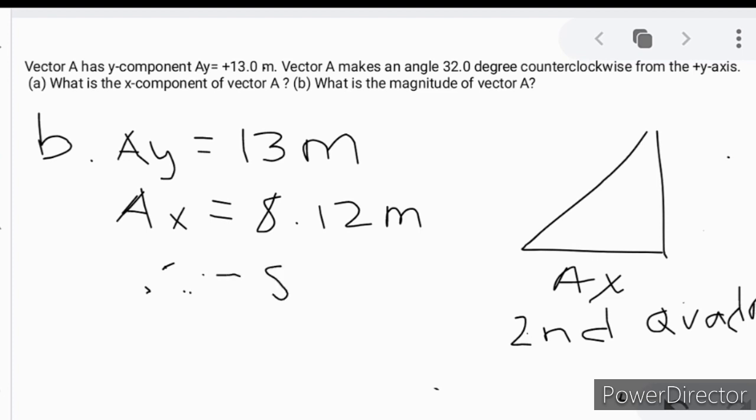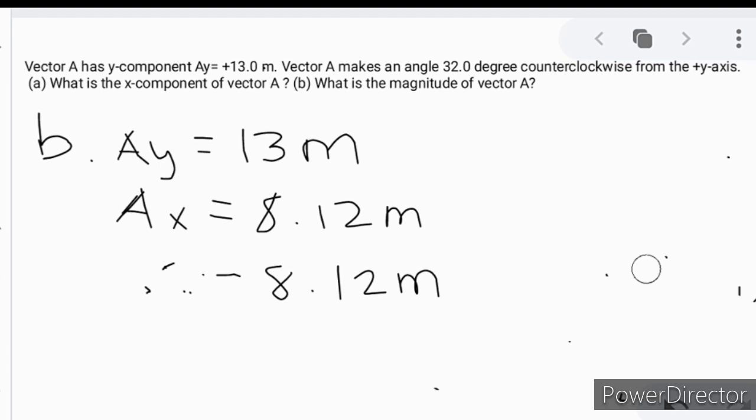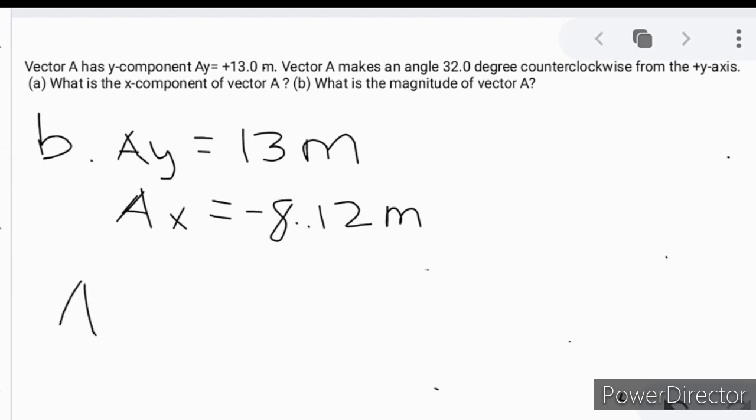Meaning, it is negative 8.12 meter. Since our vector is moving in the counterclockwise direction, that's why our x component is negative. So negative 8.12 meter.